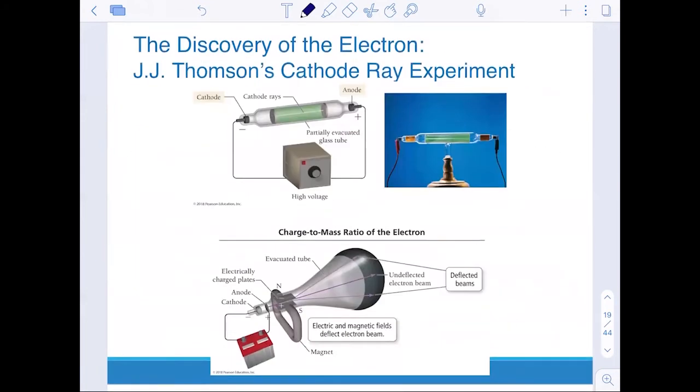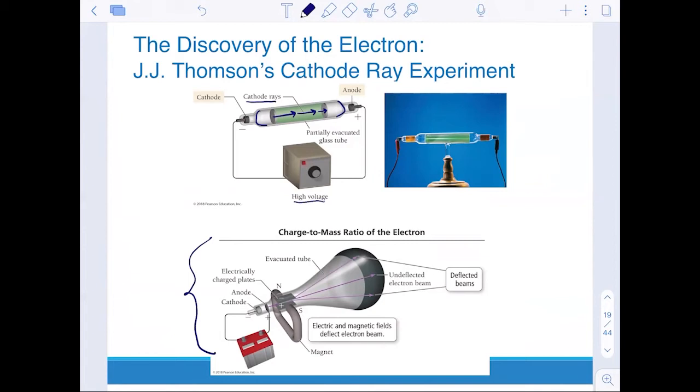Now, that data was developed by this type of an experiment. This is a normal cathode ray up here. It's connected to a high voltage battery inside this beautiful glass tube, hand blown at the time, right? When we think about what's inside of there, it's partially evacuated so that there's no air resistance. And the electrons always traveled from the cathode to the anode. What J.J. Thomson did was he made this bottom alternate cathode ray type of experiment.